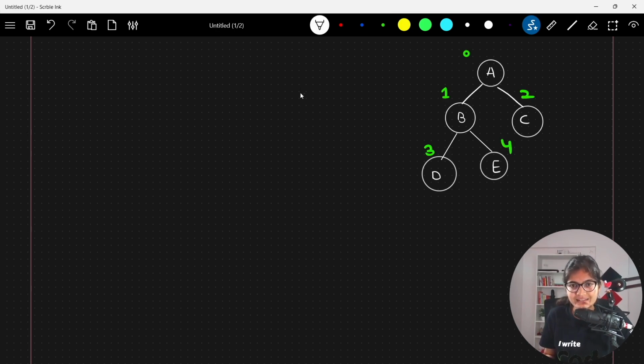What I am saying is that the left index will be 2 into I plus 1, and the right index will be 2 into I plus 2, right?